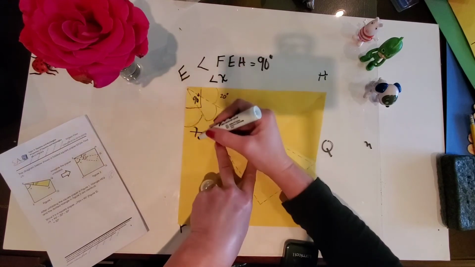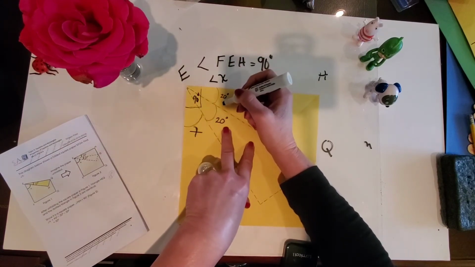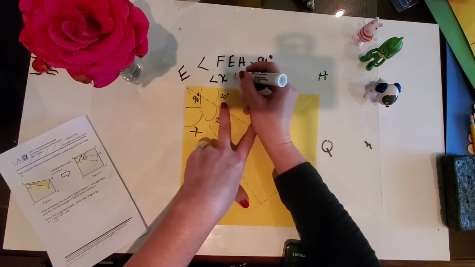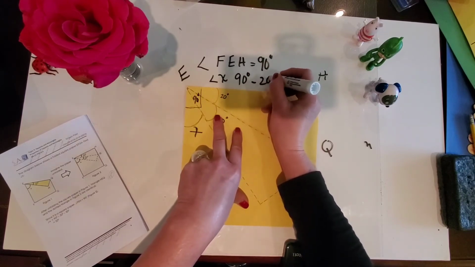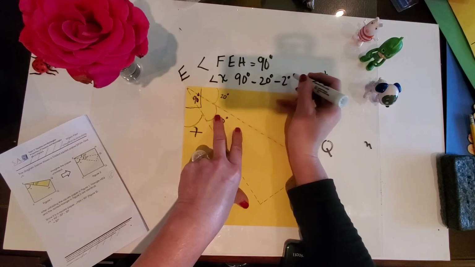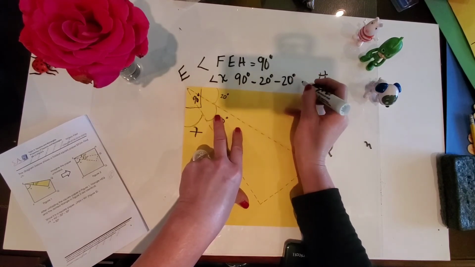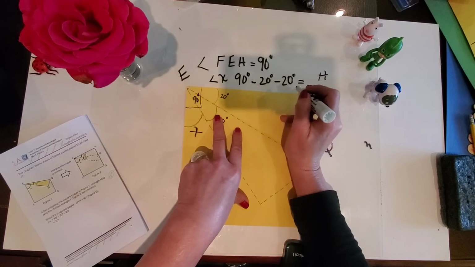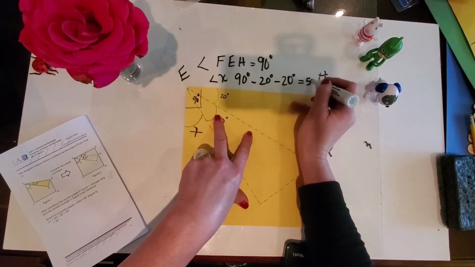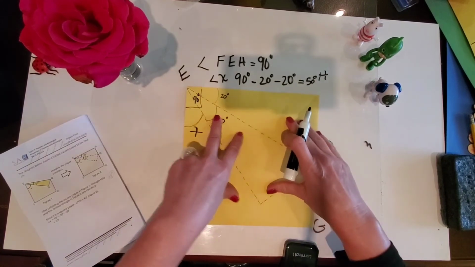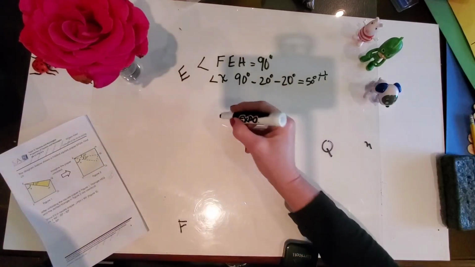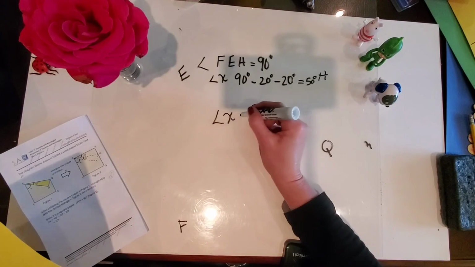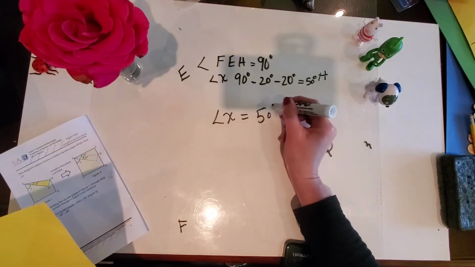Angle X, which we're trying to solve for here, angle X equals 90 degrees, and we're going to subtract the 20 minus the other 20 degrees. And that equals, that's right, 50 degrees. So you can write it out, make it look a little bit neater if you wanted to. You'd say angle X equals 50 degrees.